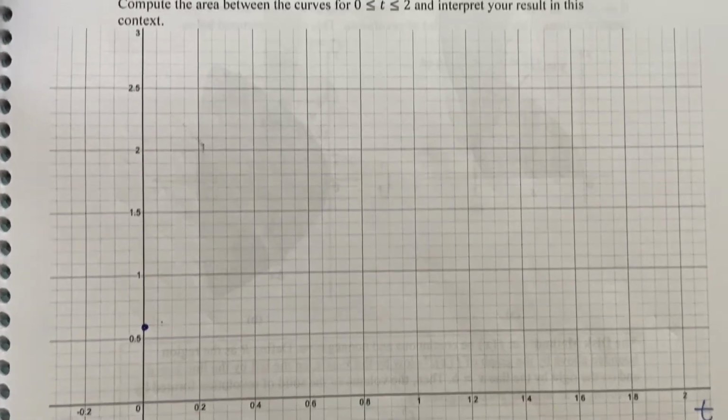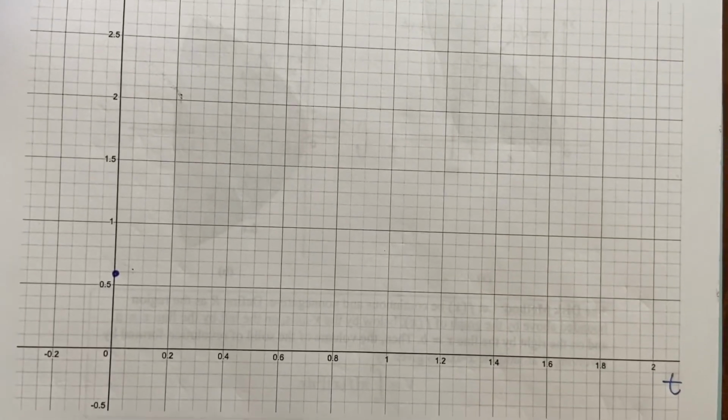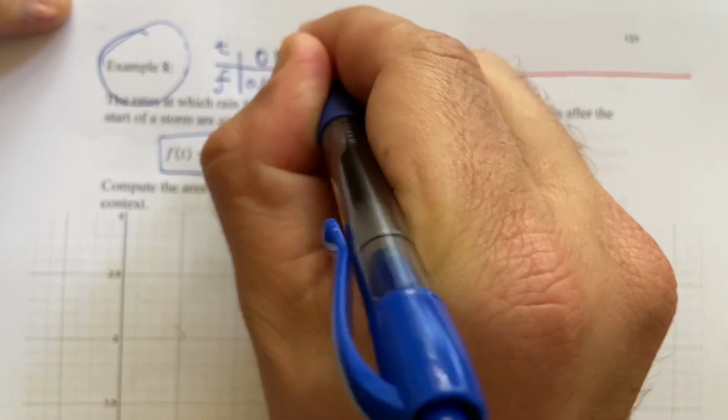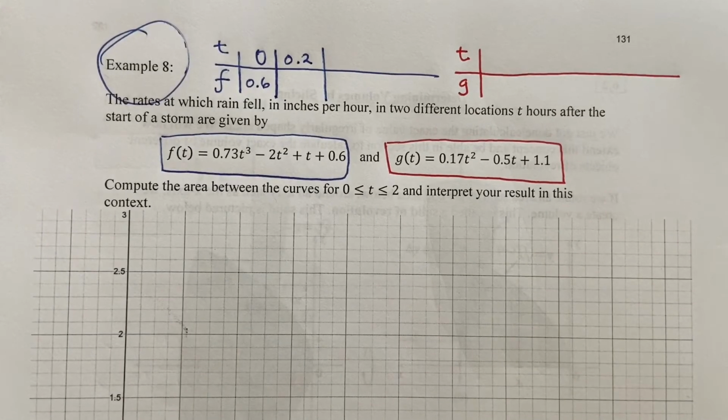What about, let's plug in another time. Let's see at 0.2 what we get. So I'm going to plug that in now. So 0.73 times 0.2 cubed minus 2 times 0.2 squared plus 0.2 plus 0.6. My calculator doesn't like that. Let's try all that again.